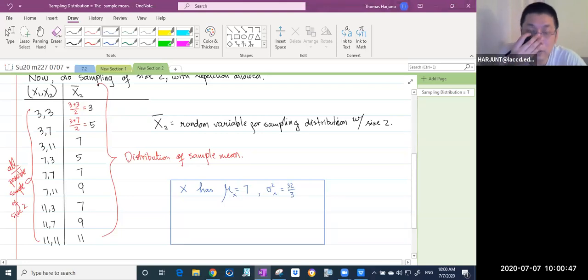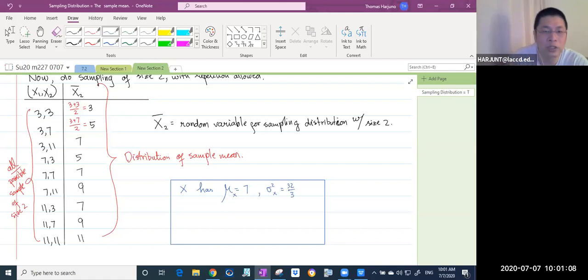Now x is a random variable, meaning it has more than one possible value. In this case, x can be 3, can be 7, can be 11. If you do it repeatedly many times, then on average, the outcome will be 7, and the variance is 32 over 3.